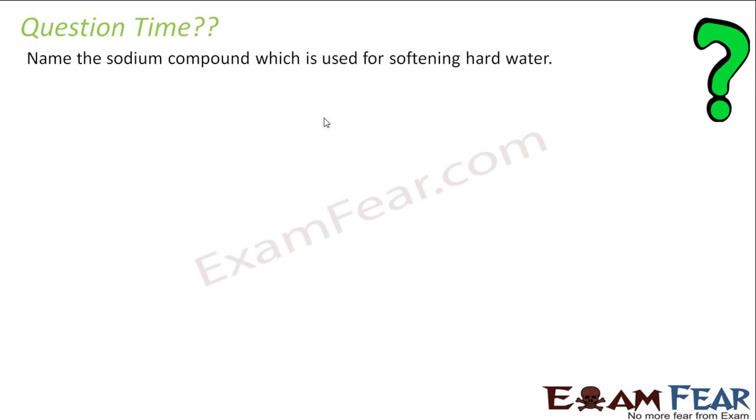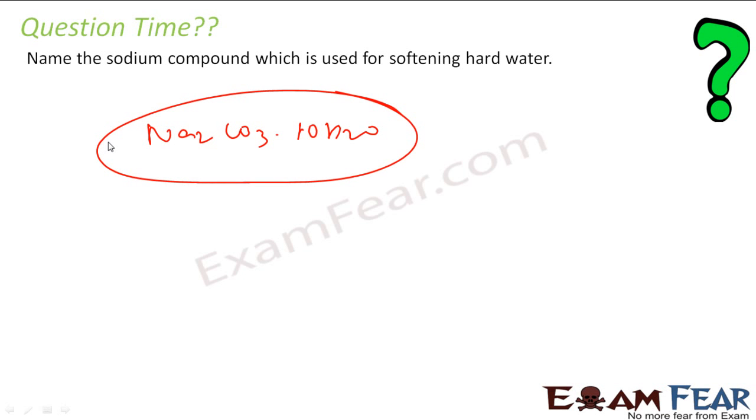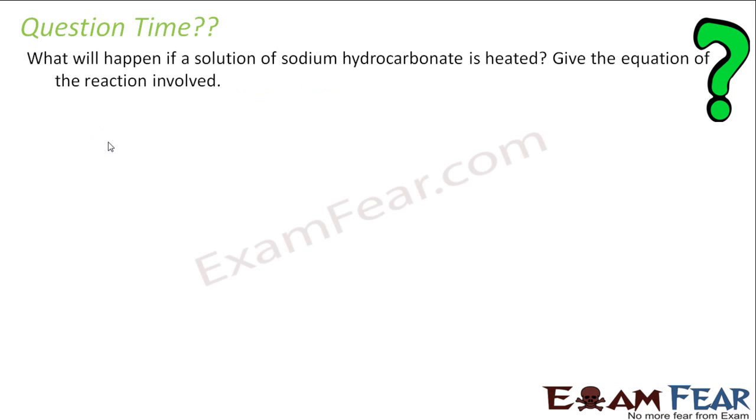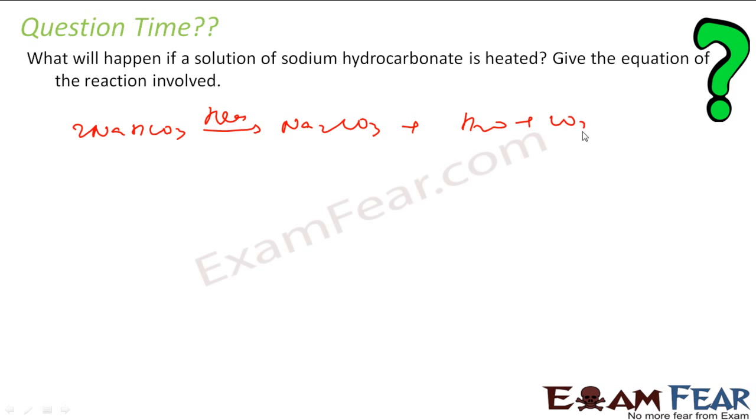Name the sodium compound which is used for softening hard water. We know that we use washing soda, Na2CO3.10H2O, for softening hard water. What will happen if a solution of sodium hydrogen carbonate is heated? The equation: sodium hydrogen carbonate, NaHCO3, when you heated, becomes Na2CO3 plus water plus carbon dioxide.